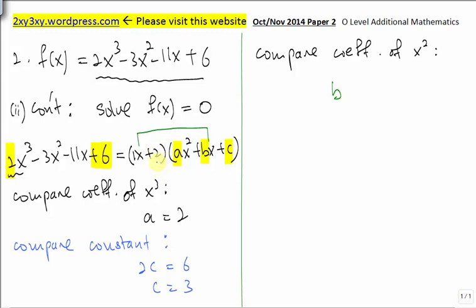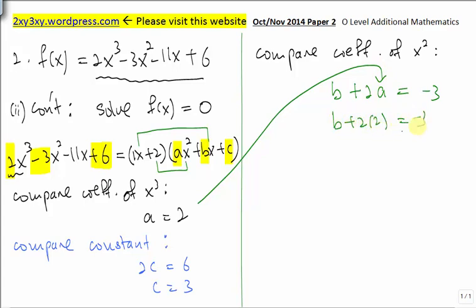Another possible x squared term can be obtained from 2 times ax squared, so it's positive 2a. And the coefficient of x squared on this side of the expression is negative 3. And we know that a takes the value of 2, so we know that b will be negative 7.